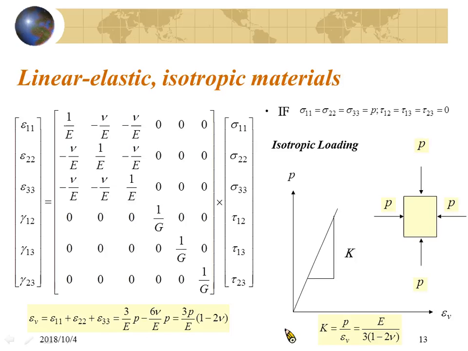If the original cube is 1, 1, 1, then the volume is 1. The new volume will be 1 plus epsilon 11 times 1 plus epsilon 22 times 1 plus epsilon 33.